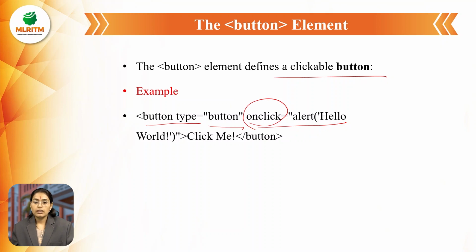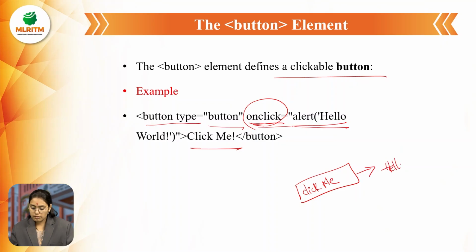So here we are initializing that the onclick event will be called, and it will tell the alert and give some message. So if you click the button, it will show hello world. On it will be written click me. When you click it, the output will be hello world. Thus, if you want to use a button element, we can use this.